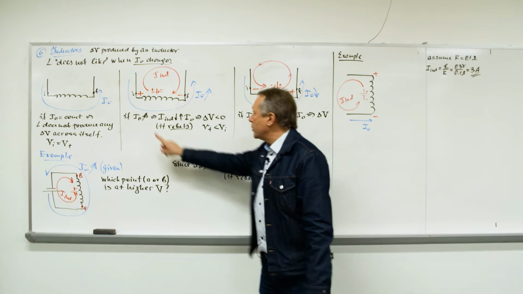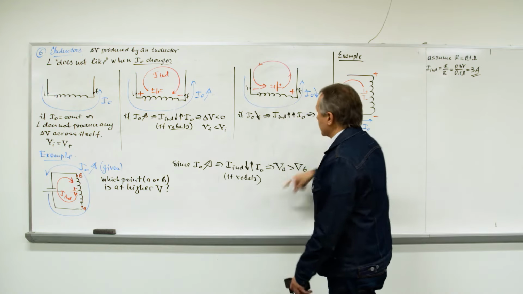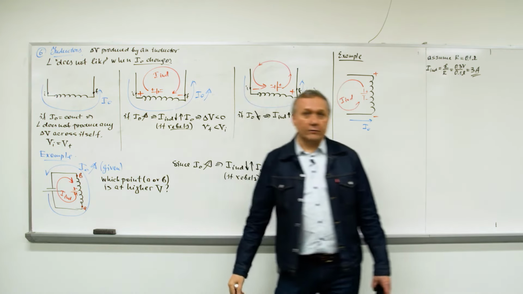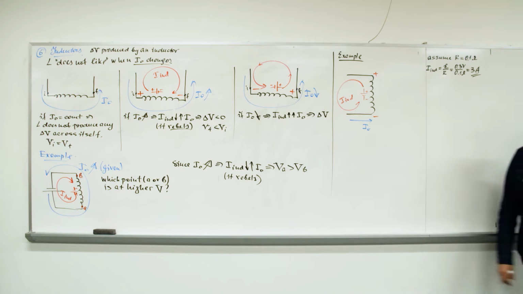Now you see I'm moving in the opposite direction. In this example, we move from the information about the current to get delta V. Now delta V was given, and you move in the opposite direction to get information about the original current. So it's exactly the same rule, but we're just moving back and forth, depending on what is given.